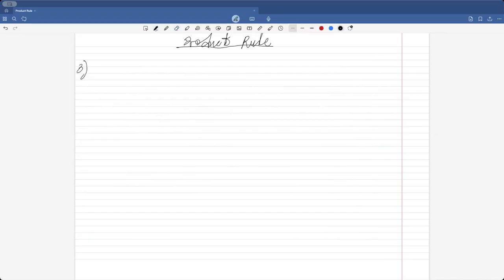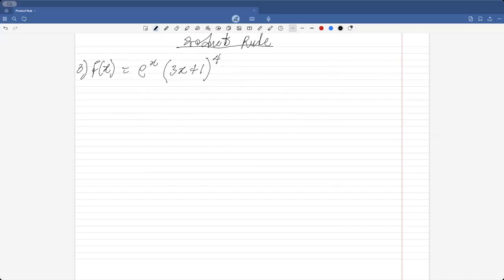So let's assume we have a question that looks like f(x) equals, let's say, e^x (3x plus 1) all to the power of 4.